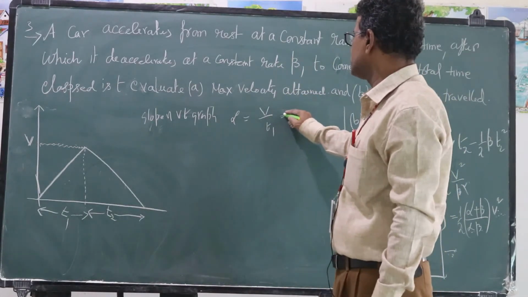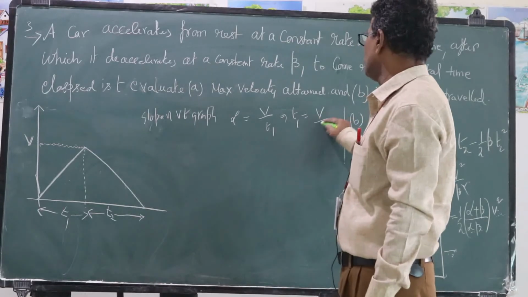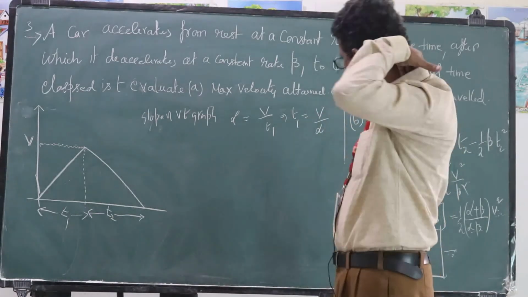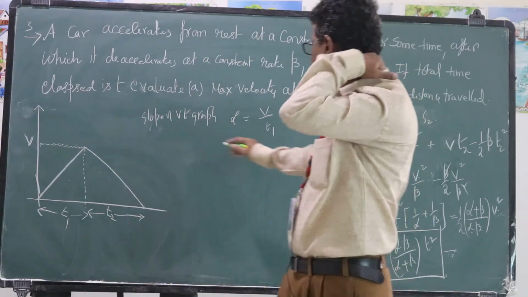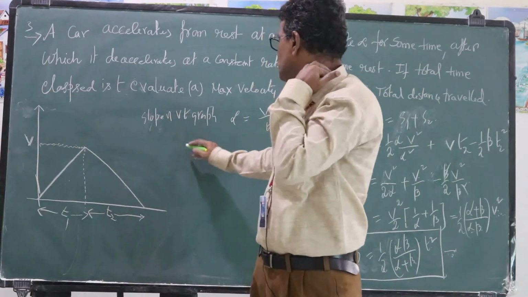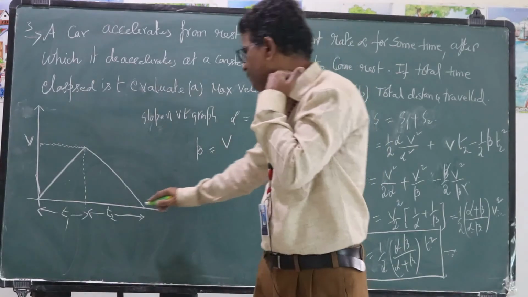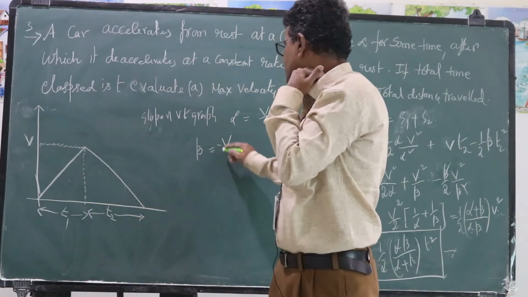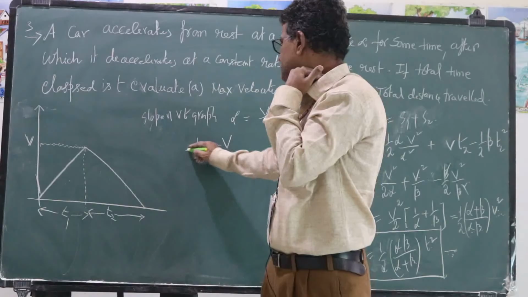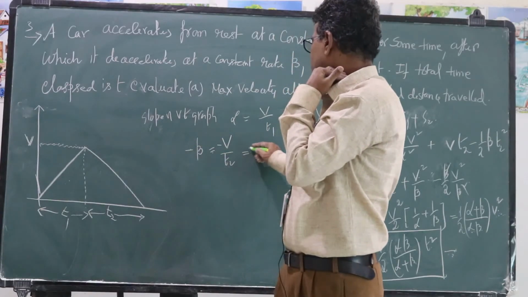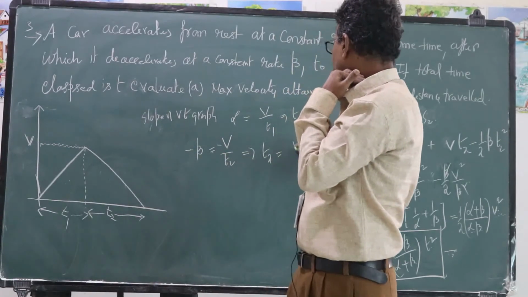From this, t1 is equal to v by alpha. What is the slope of the vt graph? Beta, deacceleration. It is minus v by t2, that is minus beta. That gives t2 is equal to v by beta.